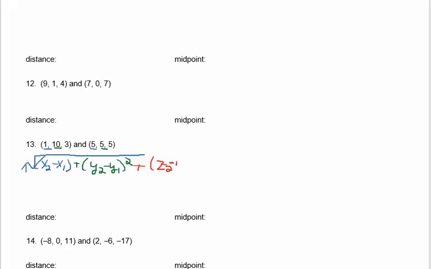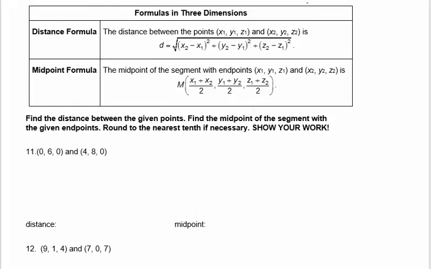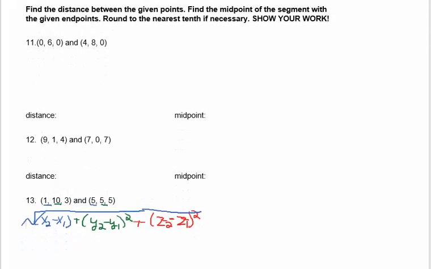Oops, I almost made a plus sign there. And then we'll square that as well. And then when we're done, we take the square root of the whole thing. And that's what the distance is going to be equal to.